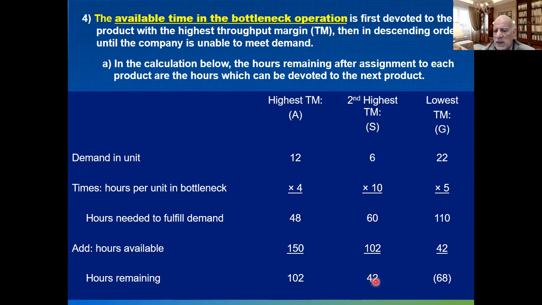These 42 hours will be directed to be used in the third product. The third product, if we wanted to produce all the 22 units required as demand, we will not be able.